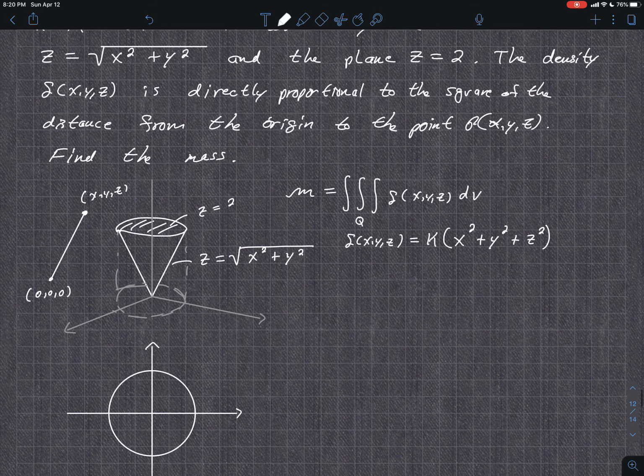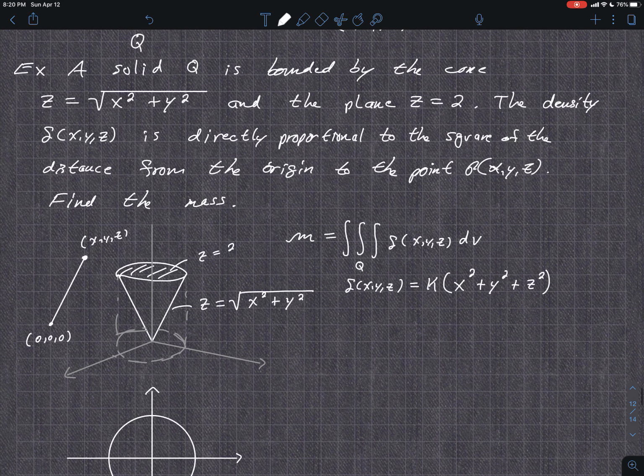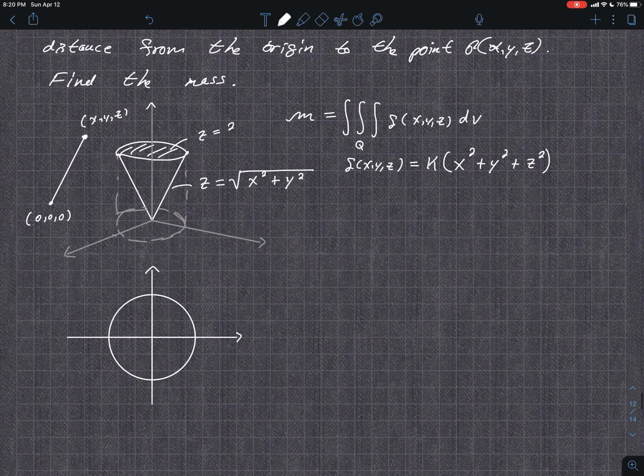So you're setting the z equal to the square root equal to 2. We want to know what that projection is down to the level curve, basically, when z is equal to 2. So this would be 2, negative 2.